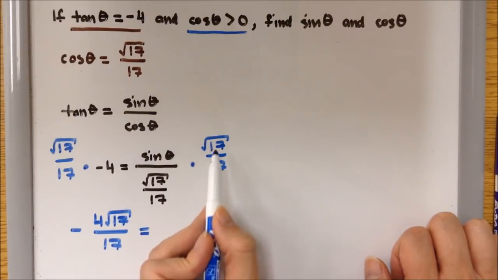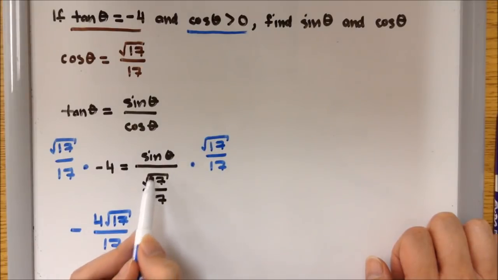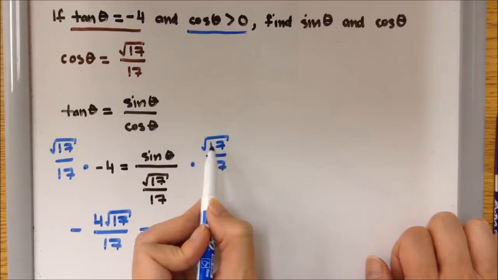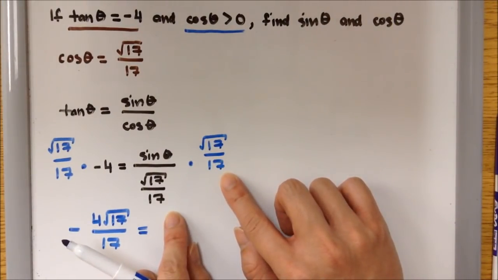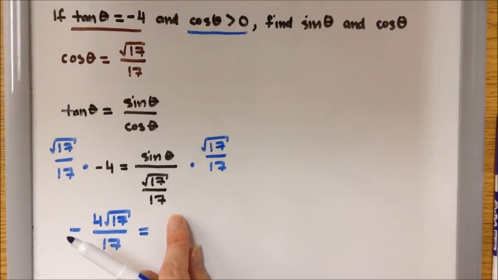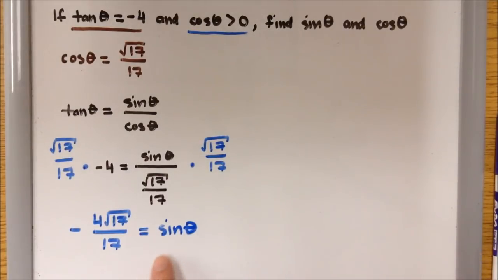Now on the right side, when you're multiplying sine theta over square root of 17 over 17 by square root of 17 over 17, these two will divide and become 1, which will leave you with sine theta on the right side. So my value for sine theta is negative 4 square root of 17 over 17. So that's all we have to do.